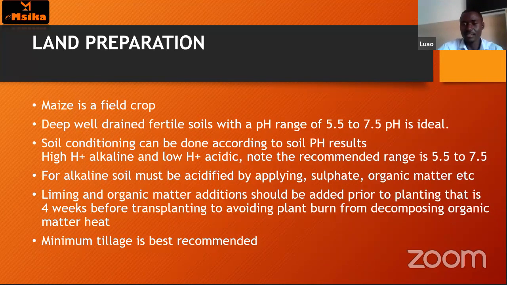This reaction can take even about 2 days. If you do another analysis, you find that the soil has started changing on the pH scale.